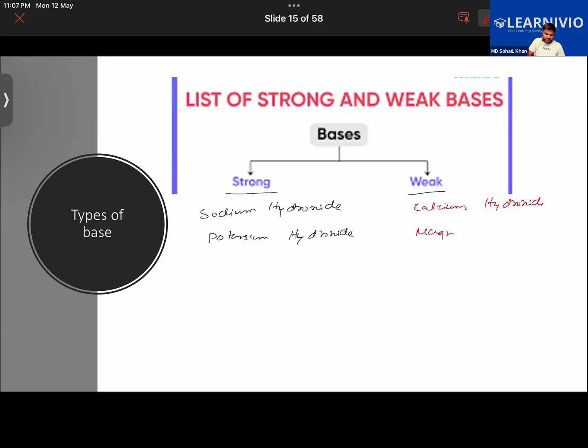Potassium hydroxide is the example of a strong base actually. Then you can have sodium carbonate.